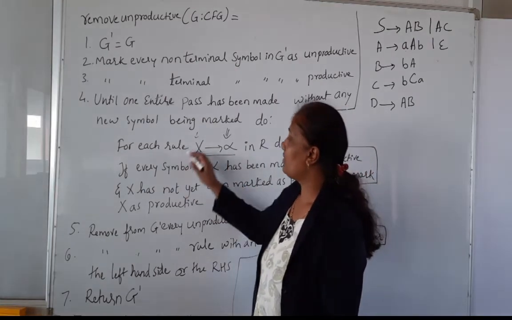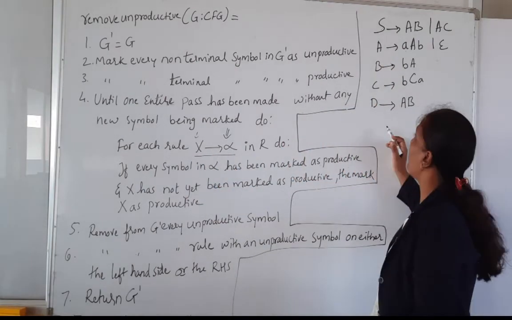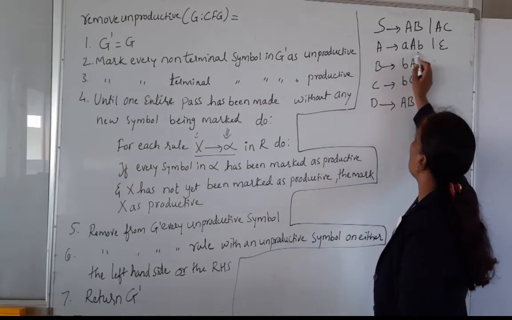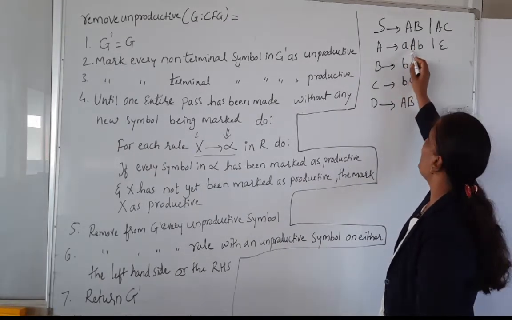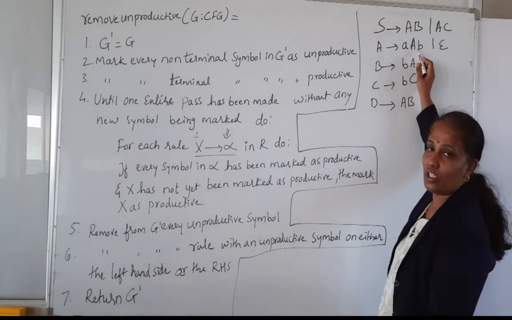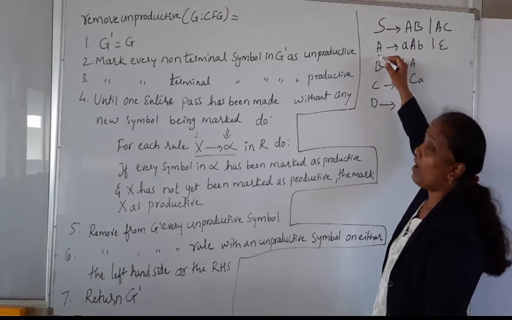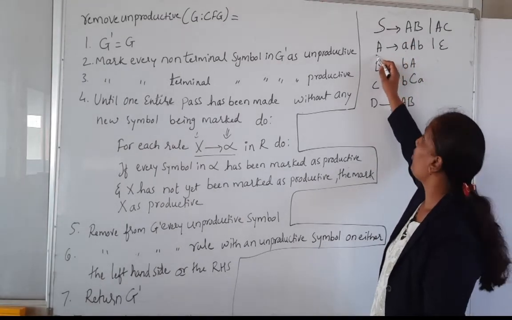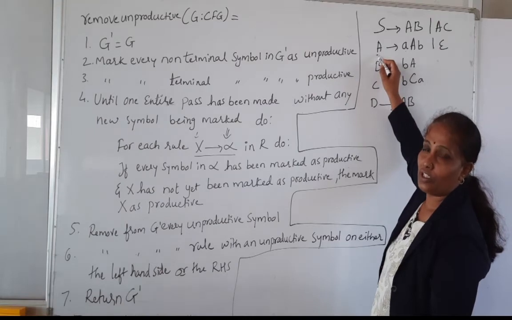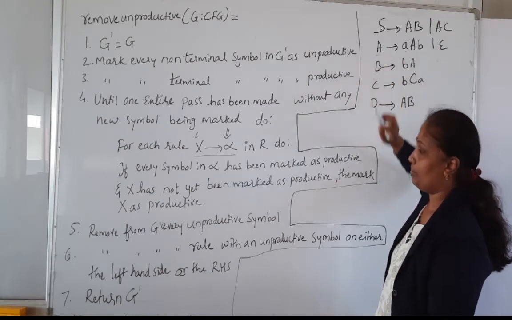So you are going to repeat this for all the rules. You are going to check the right part of the grammar, and if the right part contains all the productive symbols, then mark the left side non-terminal as productive if it has not yet been marked.